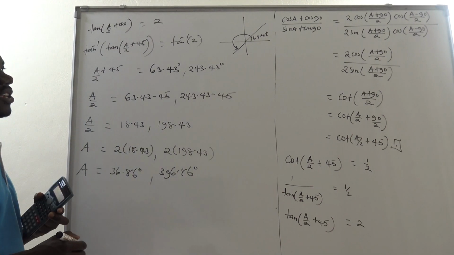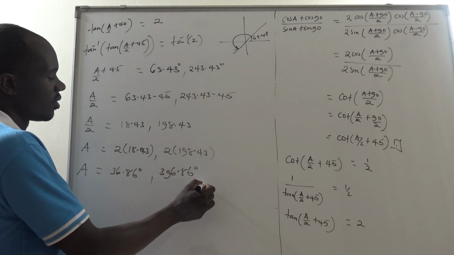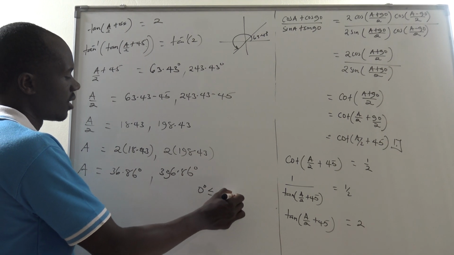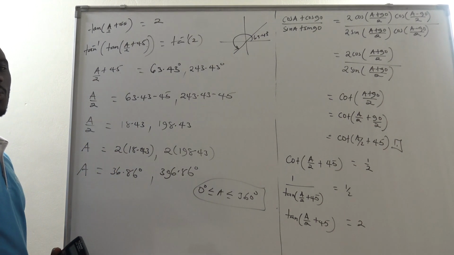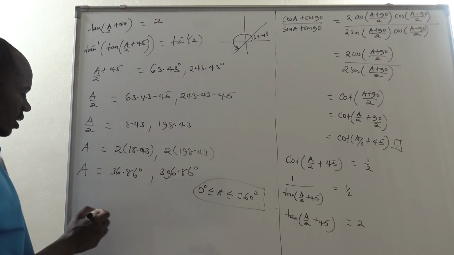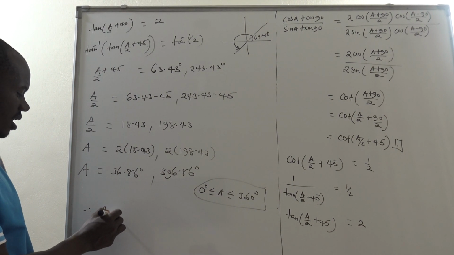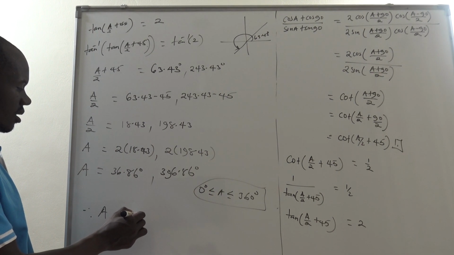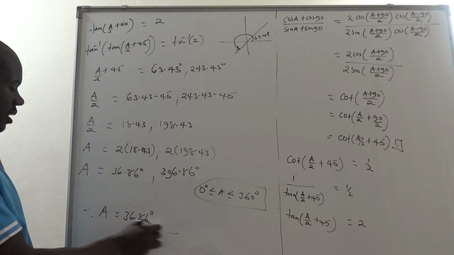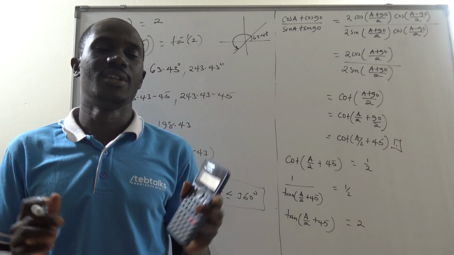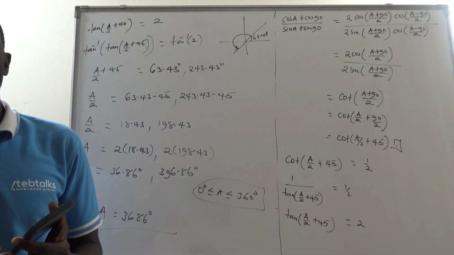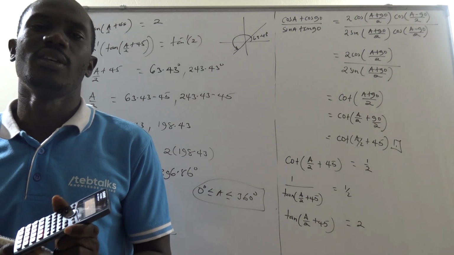So we follow our range. They said the range is from 0 to 360 degrees for angle A. Which angle is lying in it? This one is beyond the range. So angle A equals 36.86 degrees according to our range. That's how we can do such kind of questions.